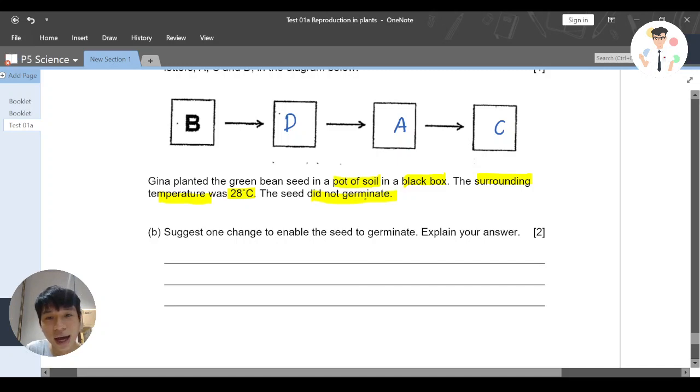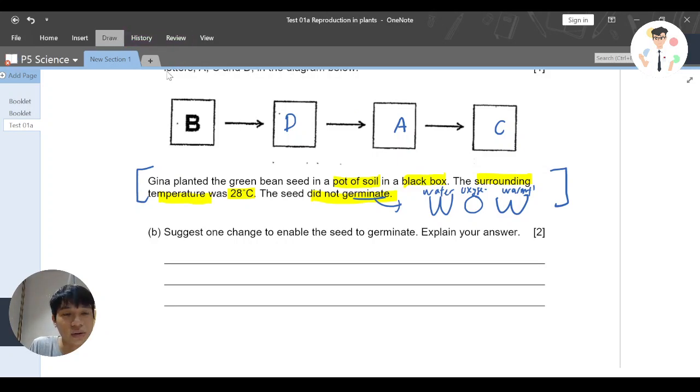Now let's write down the conditions for germination. WOW. W stands for what? Water, oxygen, and warm. If you look carefully at this statement, it's placed in a black box. It doesn't use the word seal, which means that oxygen is available.